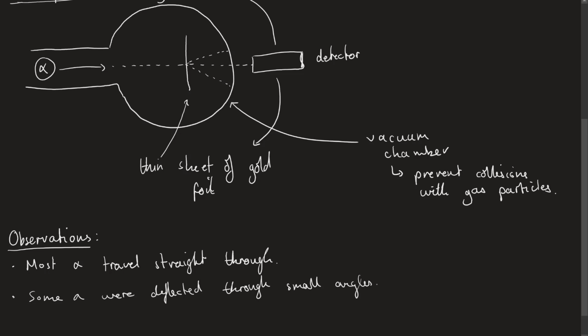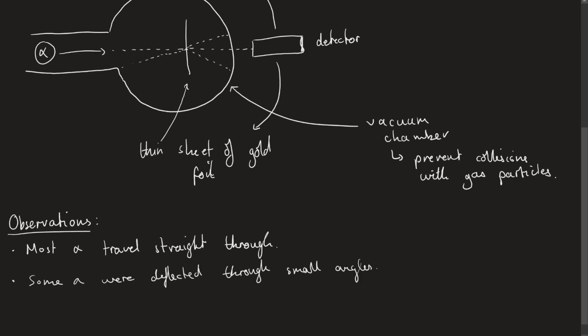And the third thing that he noticed, and probably the most significant thing that he observed, was that if he came all the way around to the other side, he could actually detect a very, very small amount of them that are being reflected off of this sheet.